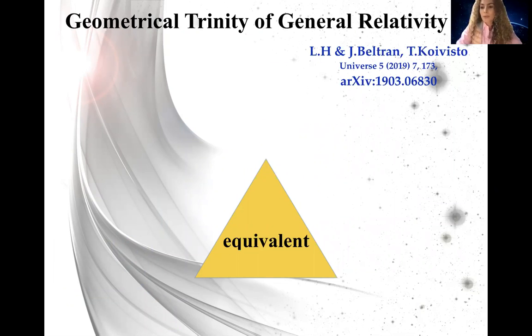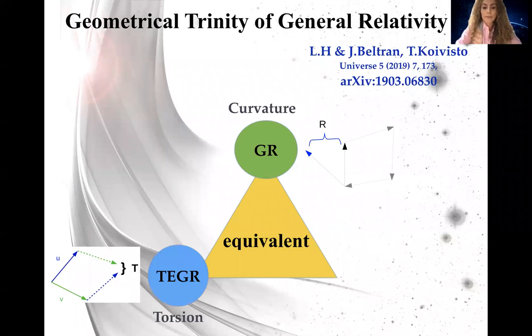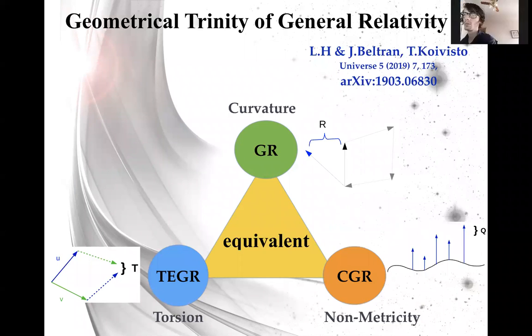So the first one is, of course, the standard representation of general relativity based on curvature, a la Einstein. But I will introduce a second formulation of general relativity based on torsion. This is the teleparallel equivalent of GR. And finally, I will introduce yet a third geometrical representation of general relativity, this time based on non-metricity.